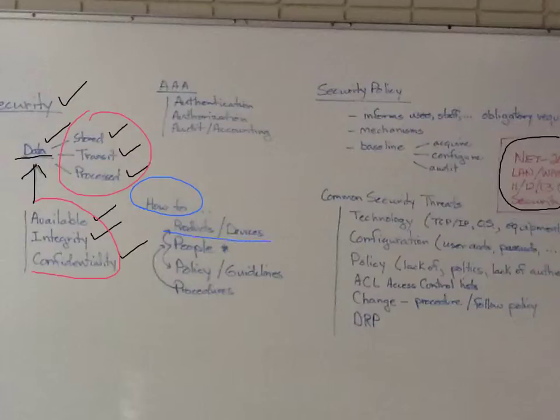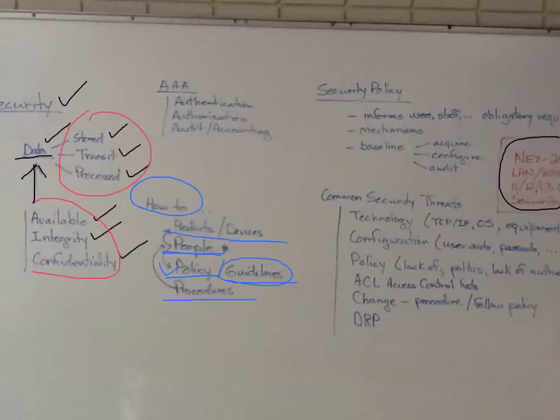There are products and devices, all kinds of products: firewalls, firewall software, protocol analyzers, virus software. We need to have some type of policy or some guidelines for people to follow, and we have to help put that in place with procedures.